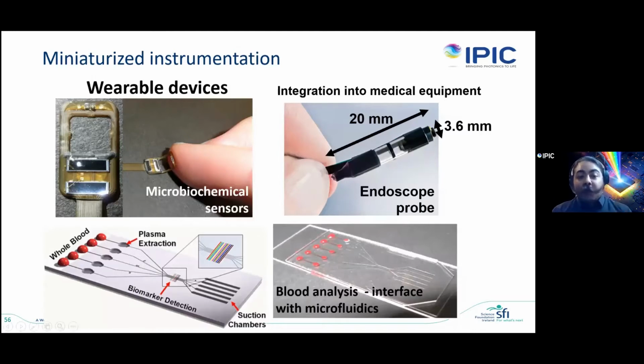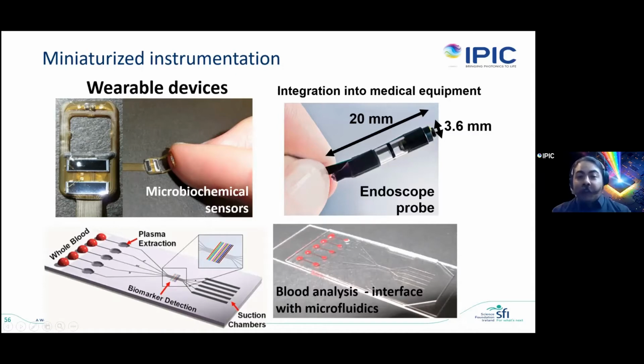Examples of those are already present in wearable devices, such as maybe your smartwatch, if you have one. It is also present in medical devices, such as endoscopes, where it is integrated in the tip, and even in catheters, as you saw in the previous example.